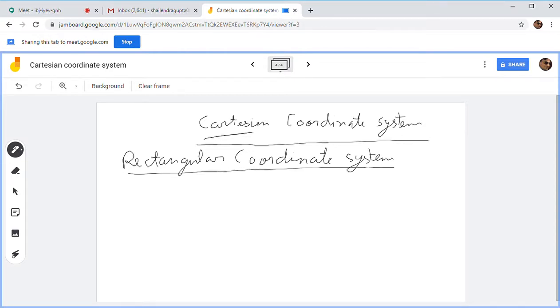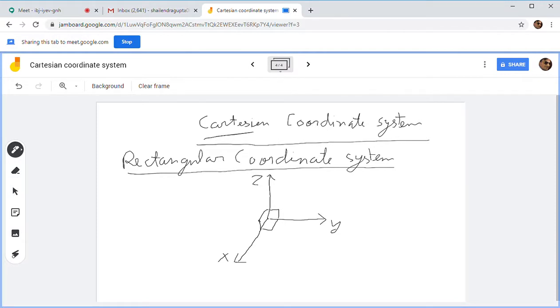In rectangular coordinate system, you have got three axes, x, y, and z, which are 90 degree to each other. This is x-axis, this is y-axis, and this is z-axis, and all these are perpendicular to each other.